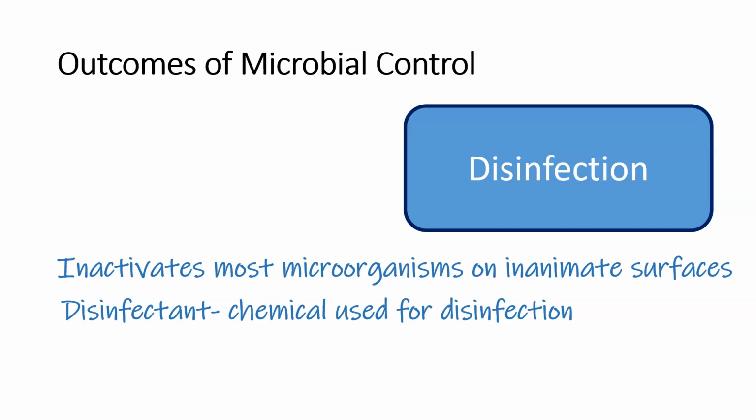Choosing the right disinfectant depends on the circumstances. A semi-critical medical device is one that comes into contact with intact mucous membranes. Examples of semi-critical devices are endoscopes and respiratory therapy equipment. These items may not need to be completely sterile, but they are subjected to a high level of disinfection.